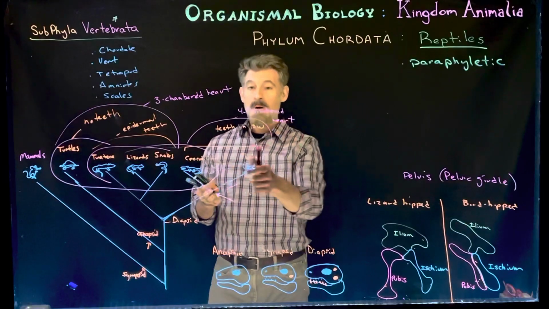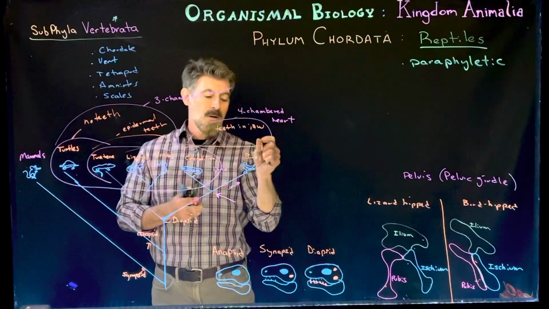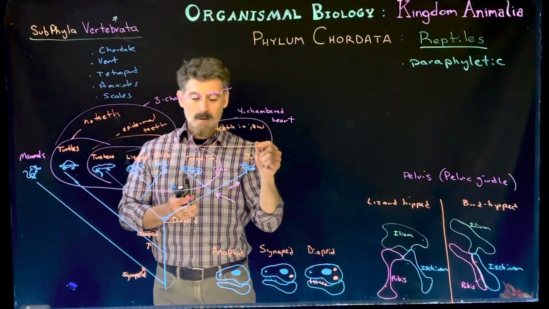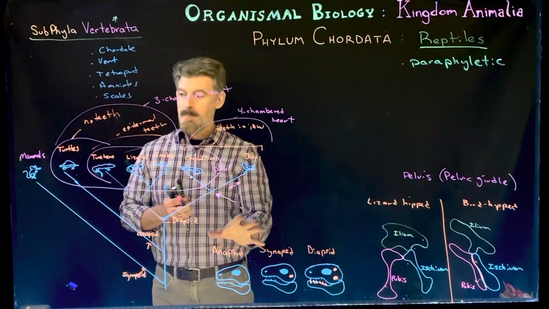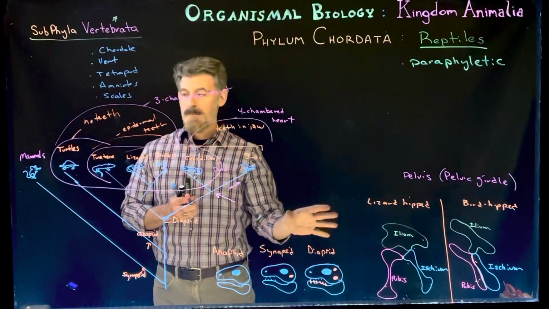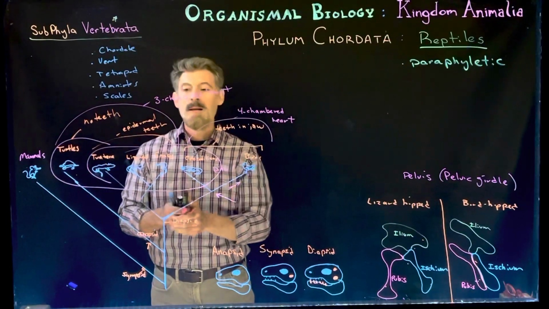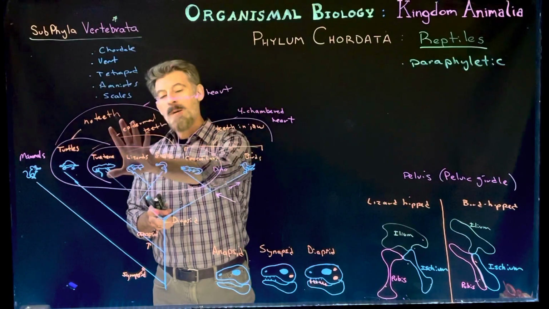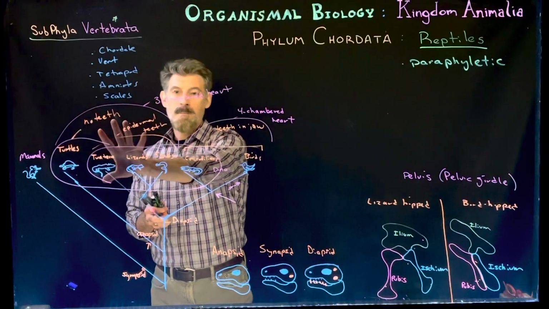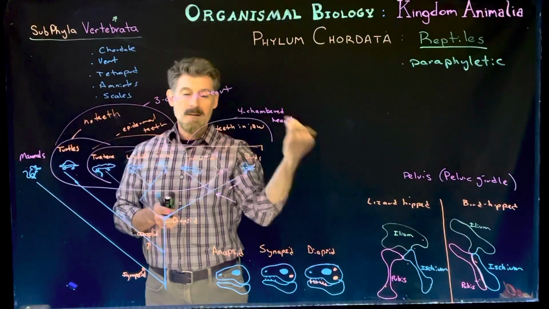So kind of just know these particular things I pointed out. It's just a few details that you could look at. So skull type, make sure you know those names, anapsid, synapsid, diapsid, and what it means and who has which type of skull. Know about the three-chambered heart in this core group of reptiles, but that the crocodilians are different.